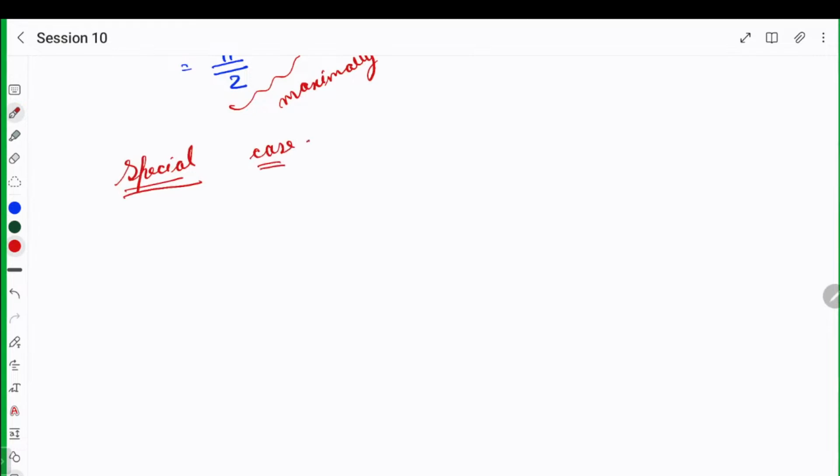So let's say we have taken rho equals rho 1, psi psi, and rho 2, phi phi. And now let's take that psi and phi are orthogonal.